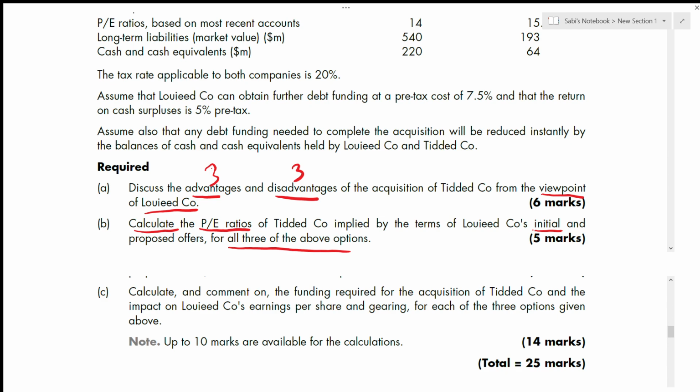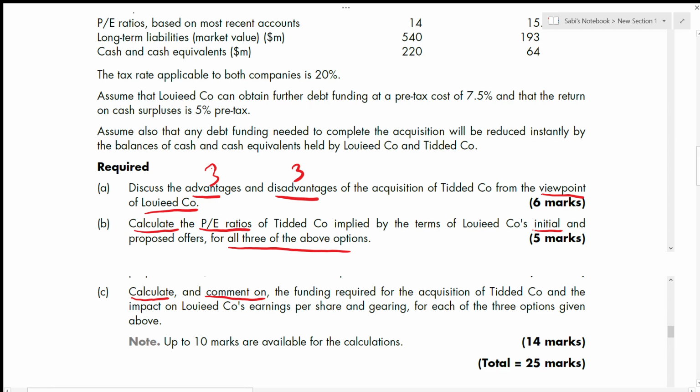Now part C: calculate and comment on the funding required for the acquisition of Tiered company and the impact on the Louieed company's earnings per share and gearing for each of the 3 options given above. When you read this once, it's quite confusing, so you have to break it into pieces.